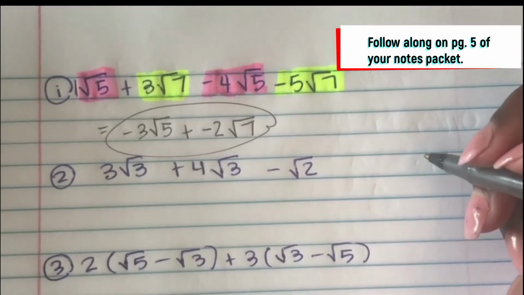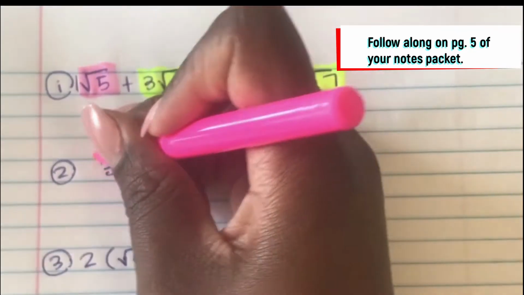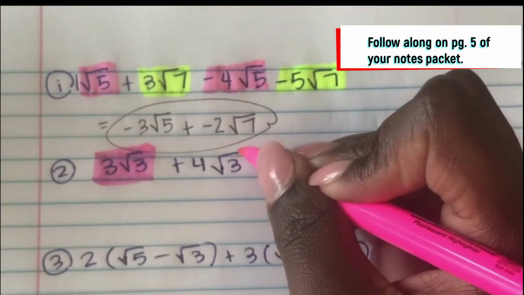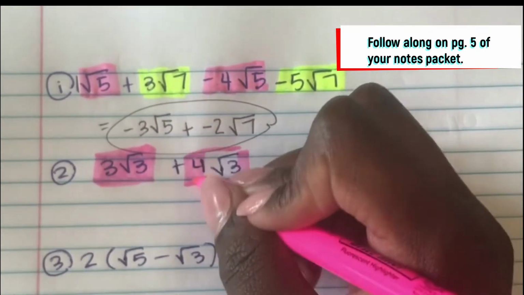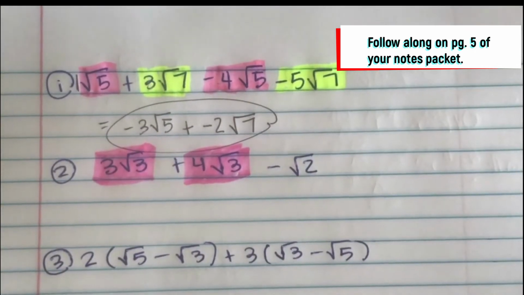All right, for the second one, I'm going to do the same thing. I'm going to combine like terms. So I see a 3 under this radical, and I see that this guy also has a 3 under his radical. These are considered like terms. Let's combine them.